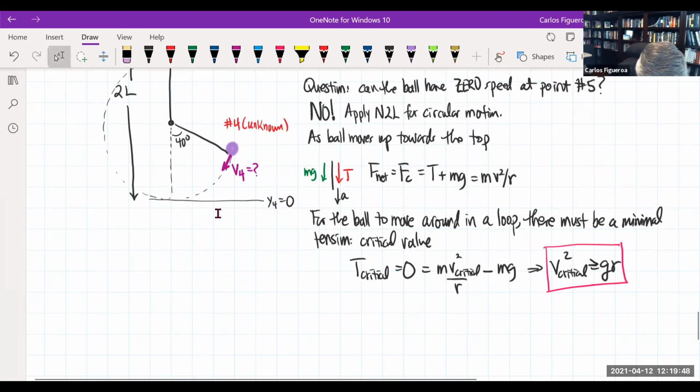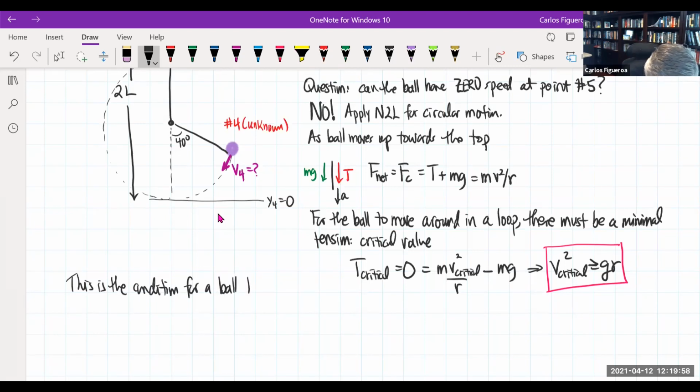So this is the condition for a ball to make it to the top.